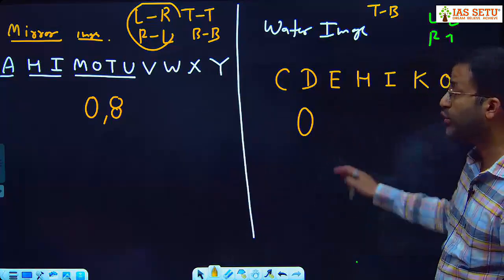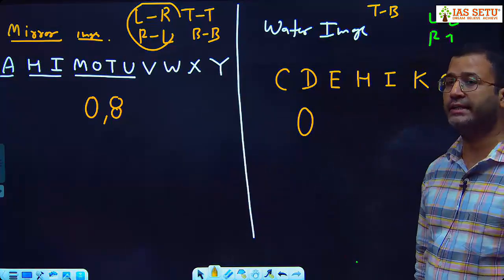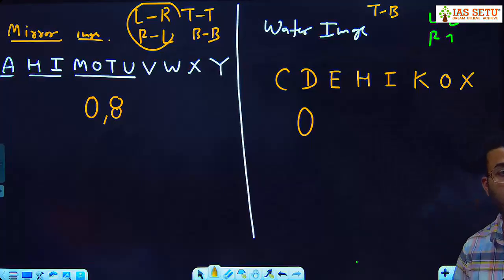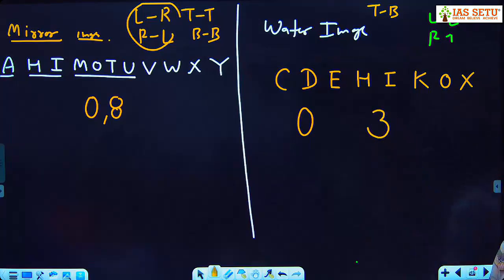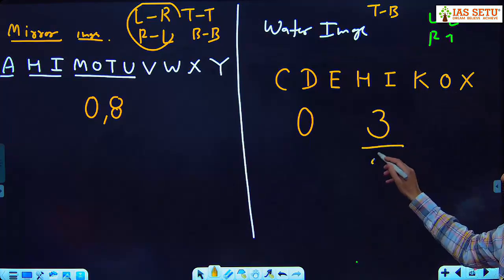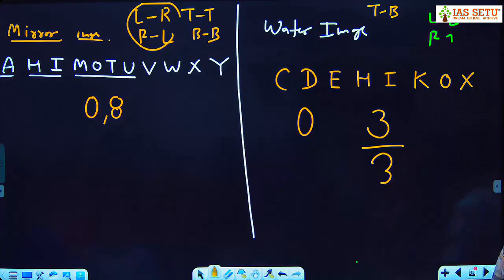Here also students get confused about 3 and 8. They think 3 and 8 have the same water image, but they have the same problem that B has. 3 में भी दो कर्व हैं. 3 ऐसा होता है अगर ध्यान से देखो. So first this bigger curve appears, then smaller curve appears.